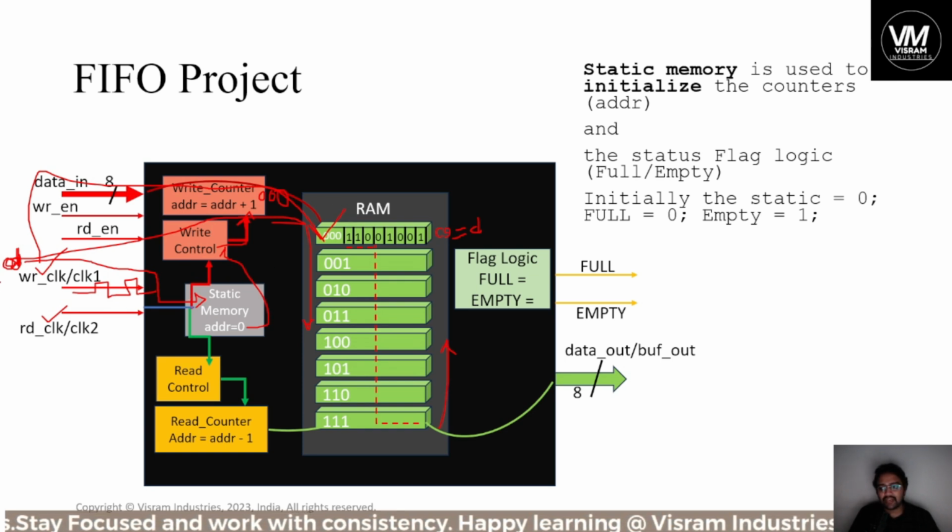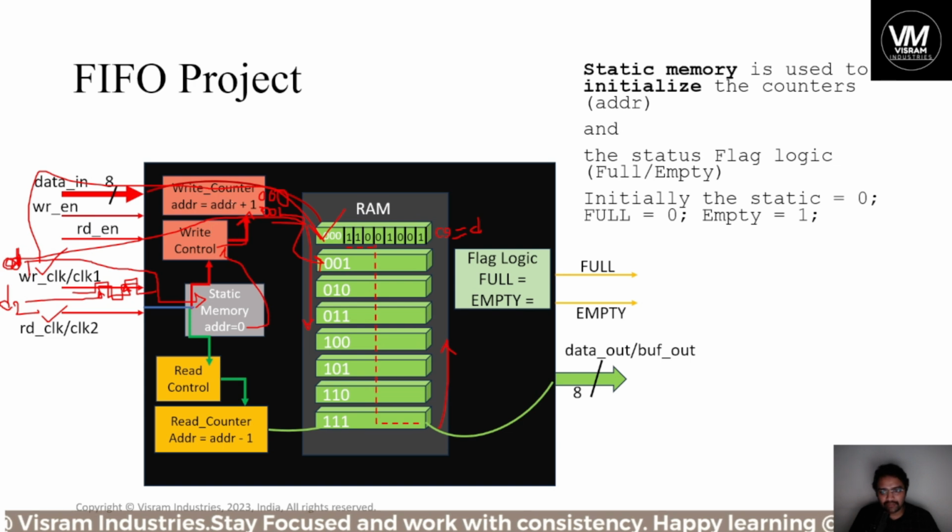So if we have D1, now D2 is coming at the clock, another pulse, so at another passage of the clock, what happens? Again the counter increments and the incremented value is 001.